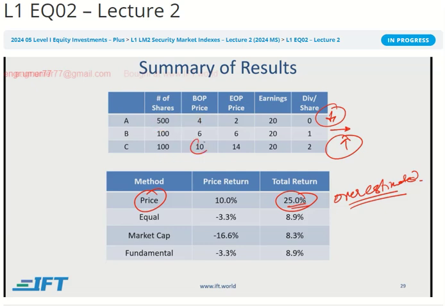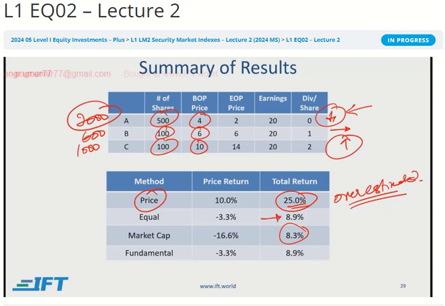What is 10 into 100,000, right? What is 6 into 100? 600. And what is 4 into 500? 2,000. So clearly the market cap for A is more, and therefore it is getting a higher weight and it's going down. So that's why the market cap is a little bit lower in terms of total return compared to equal and fundamental. And why is fundamental the same as equal?